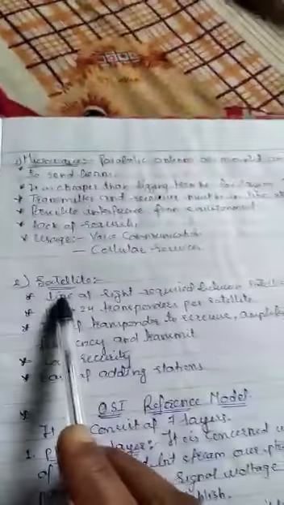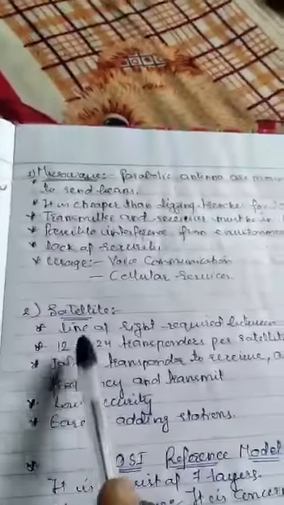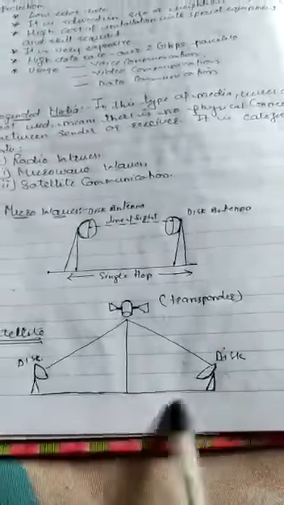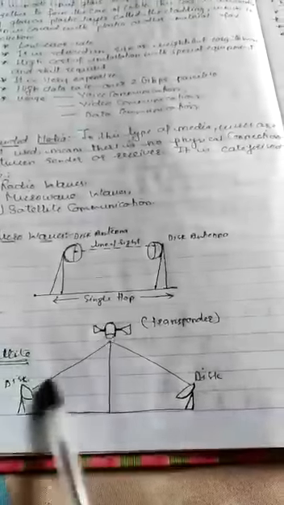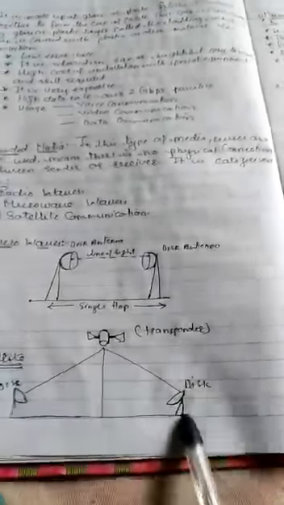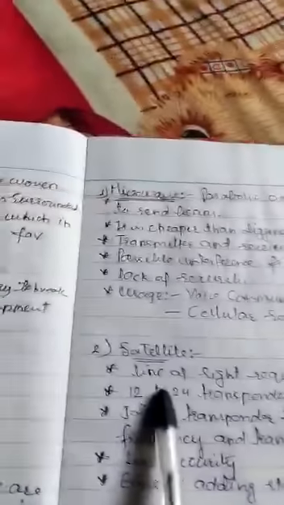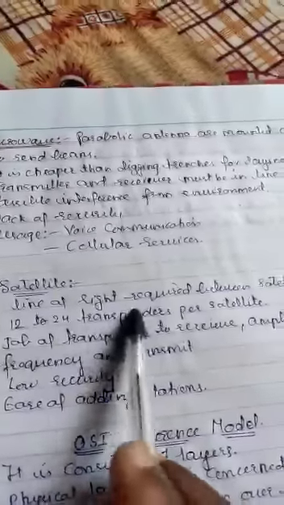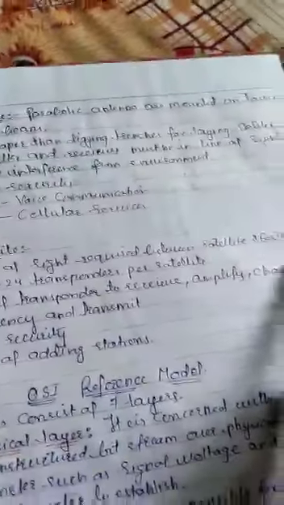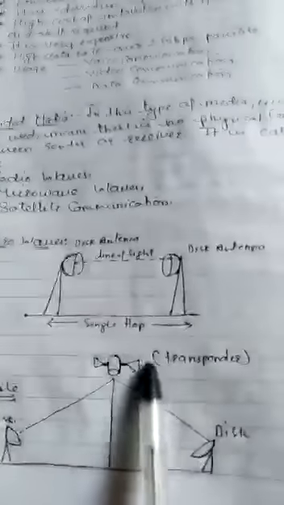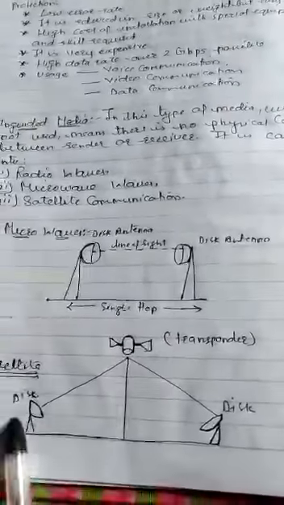Next, let us see satellite. Here we can see the structure of a satellite. There are two discs and one transponder. With the help of this transponder, the signal can be received. Line of sight is required between the satellite and the earth station.